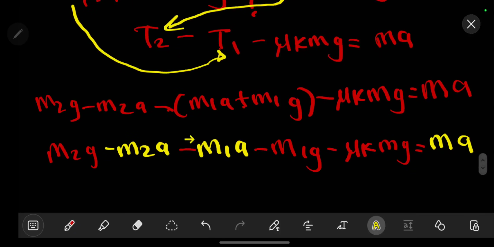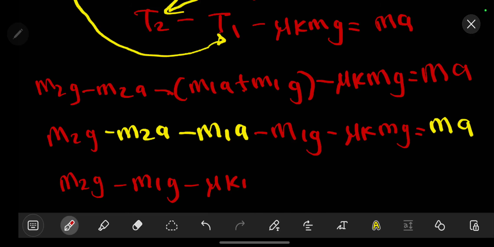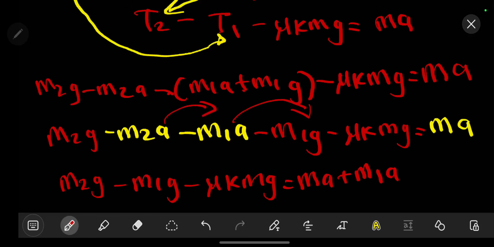So we are going to remain with our m2g, then minus our m1g, then minus our mu k mg, which should be equal to our ma this side. This crosses the equal sign, we are going to have plus our m1a, this crosses the equal sign, it shall be plus our m2a, like that.